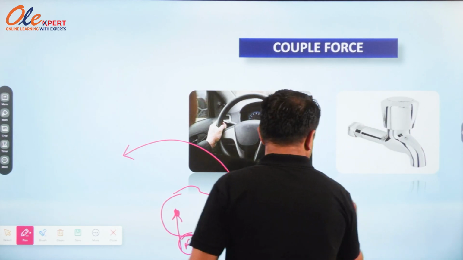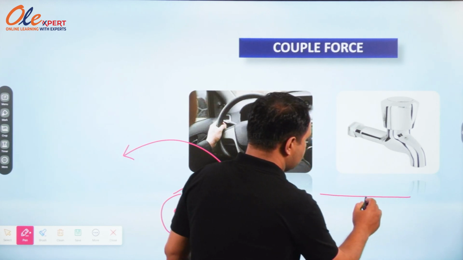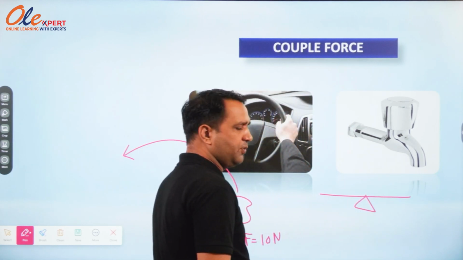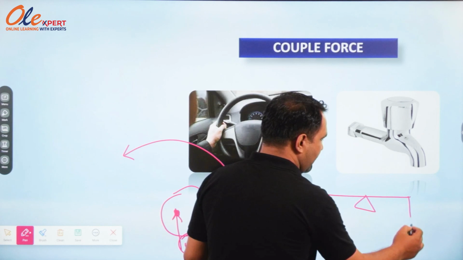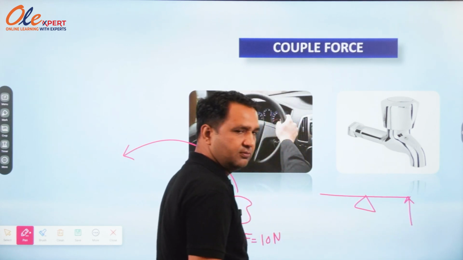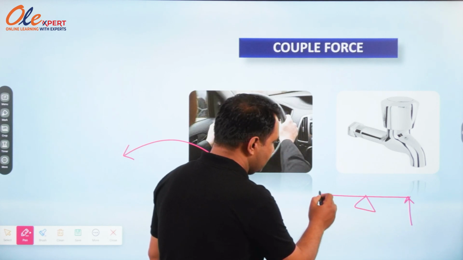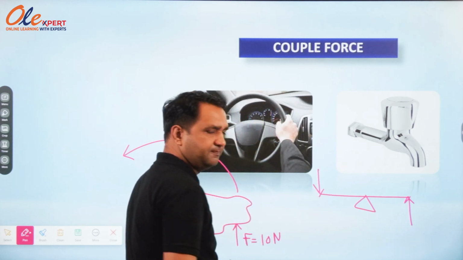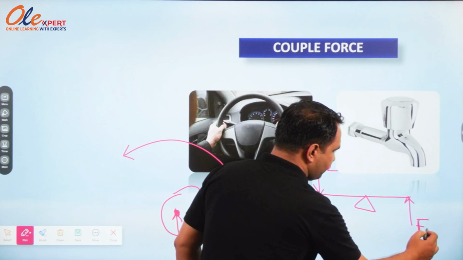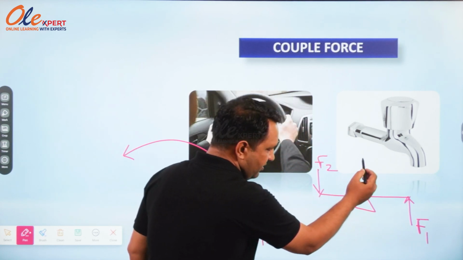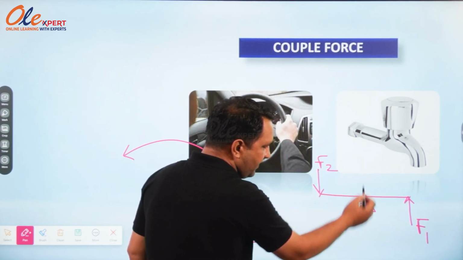But take another case. Suppose that this is fixed at this particular point. Now you are applying force in this direction, right? And another force is being applied in this direction, right? Now this force is not passing through the pivoted point.